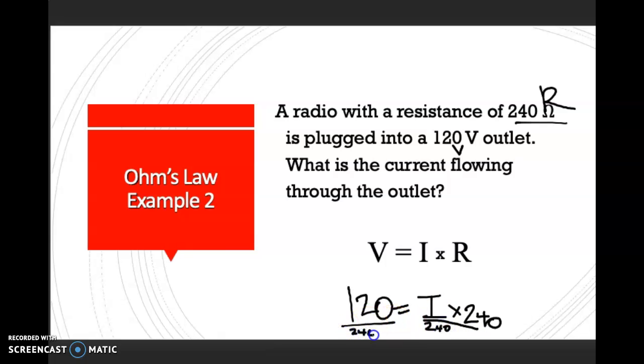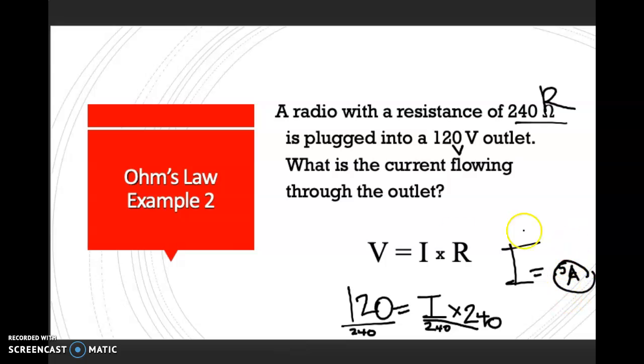Okay, so 120 divided by 240, I can see that those are multiples of each other, and it looks like the current is 0.5 amps.